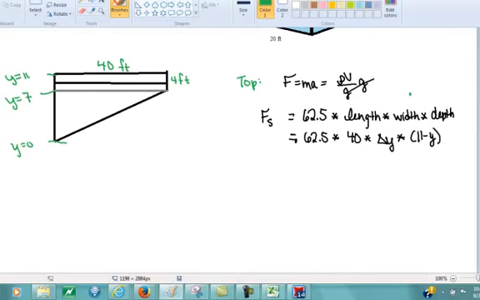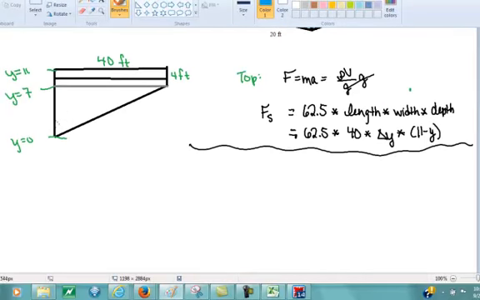And so now let's look at the bottom. Okay, so if I draw a typical strip in the bottom part. So we still have the same formula for the force exerted on that strip. It would be 62.5.